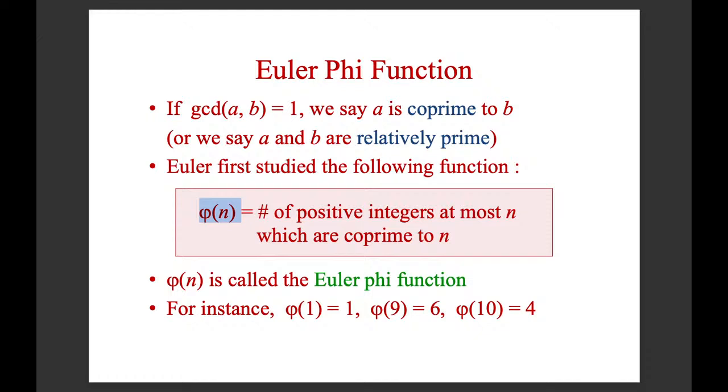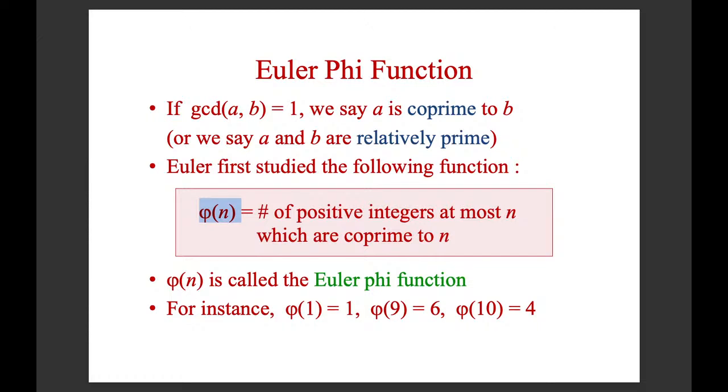So phi is a notation introduced by Gauss, but Euler studied this first. Okay, so what is phi of an integer n? Phi of an integer n is the number of positive integers less than or equal to n, such that the integer is coprime to n.